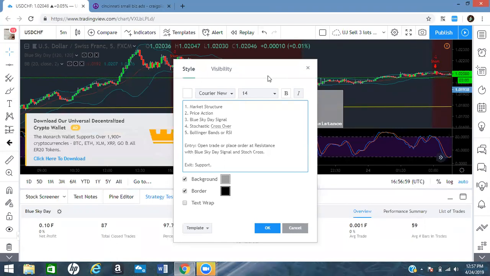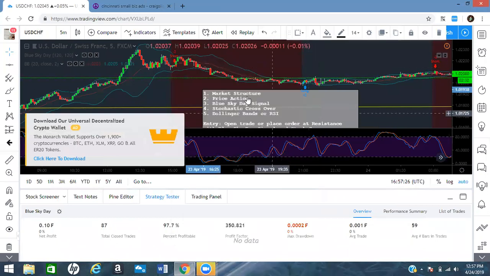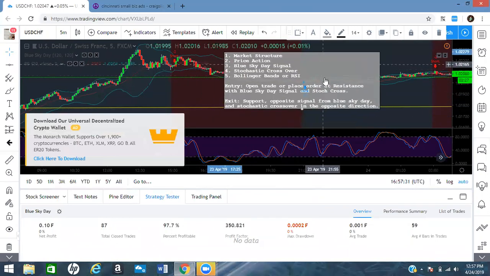You're looking for the opposite signal from the blue sky day, and you're also looking for a stochastic crossover in the opposite direction. So ideally you're looking for those key things: market structure, price action, the blue sky day signal, the stochastic crossover, and then Bollinger Bands or RSI is just a plus.